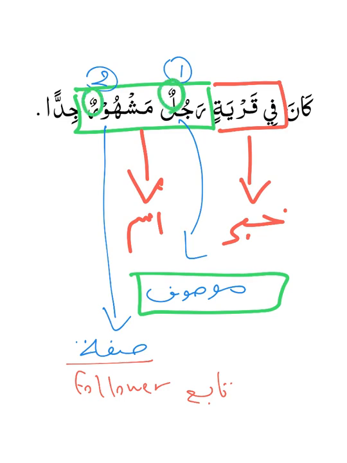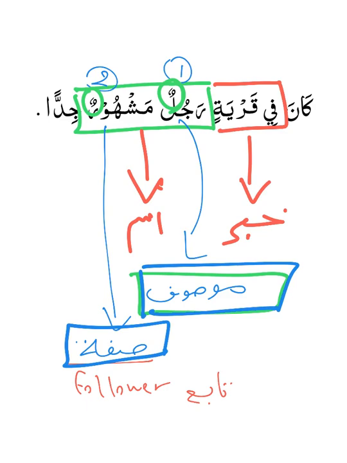If the mawsuf is masculine, then the sifa will also be masculine. If the mawsuf is ma'rifa, for example, it's got al, the sifa will also have al. That's why rajul is nakira, an indefinite noun, therefore mashhur is the same. So this is step 5.